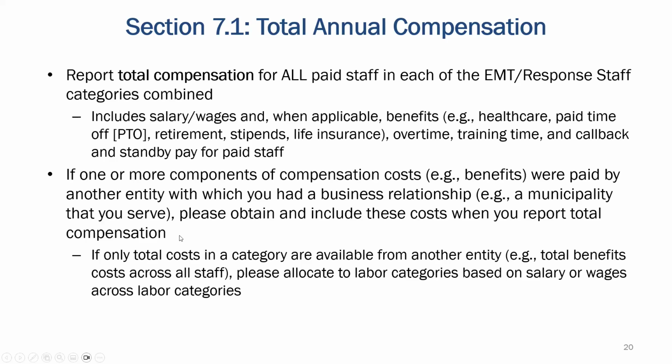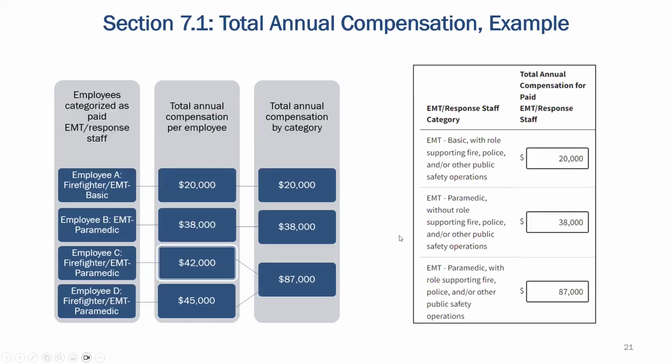So in many cases, that might mean reaching out to a HR or payroll group within your municipal government, say, or your broader hospital or whatever your situation might be. If it's a benefit provided by your organization or your parent organization that you're a part of, those must be recorded.